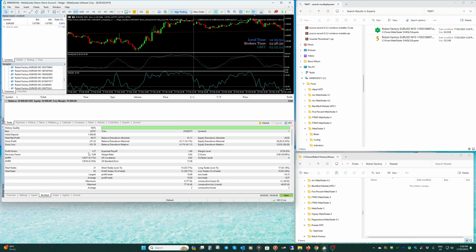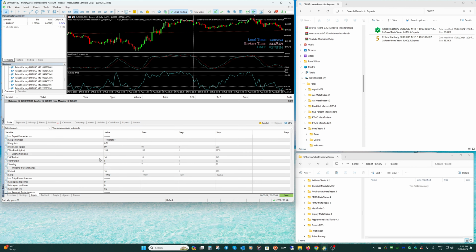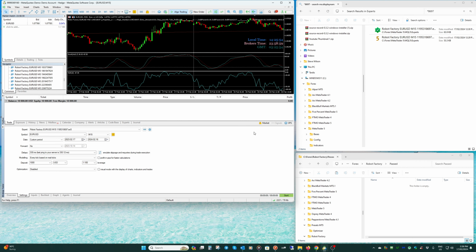What I check on here is the profit factor, how many consecutive losses, the winning percent, which in this case is 38%. We've got a 99 pip stop loss and 195 take profit. So I'm actually going to delete this one to move on to the next.